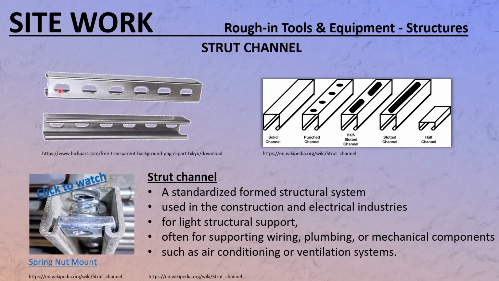These are the most popular ones here, which would be the half slotted channels. Because those you can use as orientation marks, or you can use that to push those threaded rods and put some bolts and nuts to hold those in places and all that stuff.